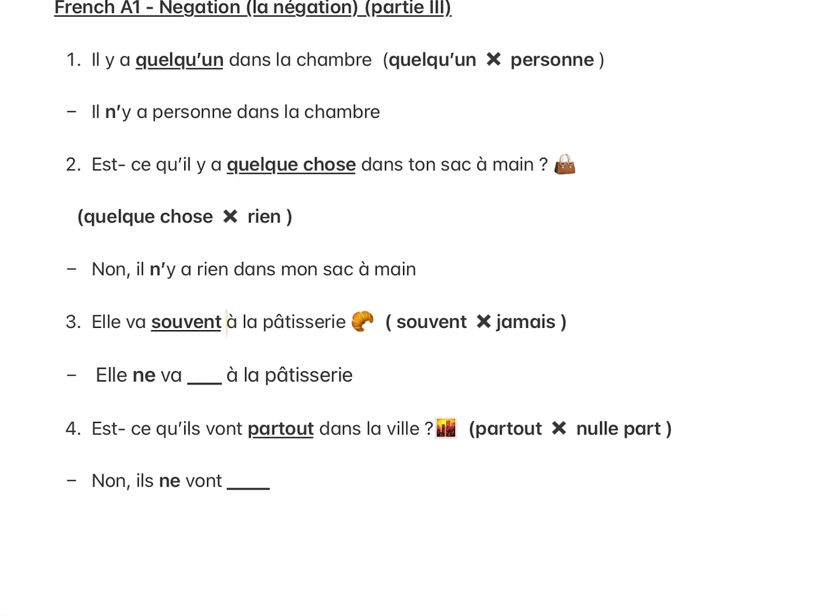So in that way, we come to know that the opposite of souvent is jamais. Jamais means never. So again, we follow the same steps. We add ne before the conjugated verb, and after the conjugated verb, we add jamais.